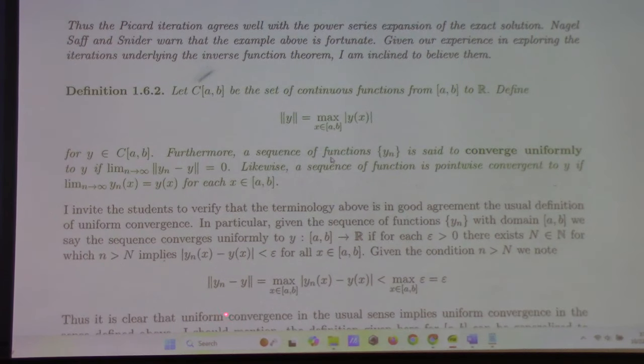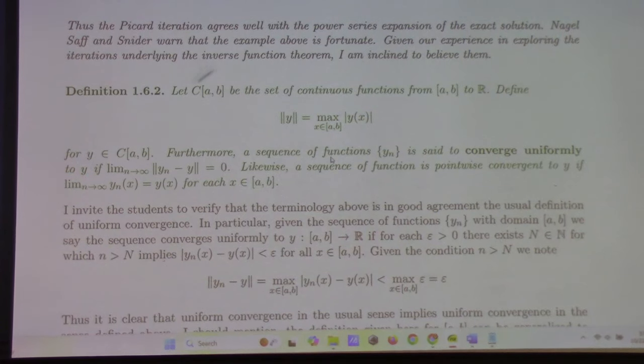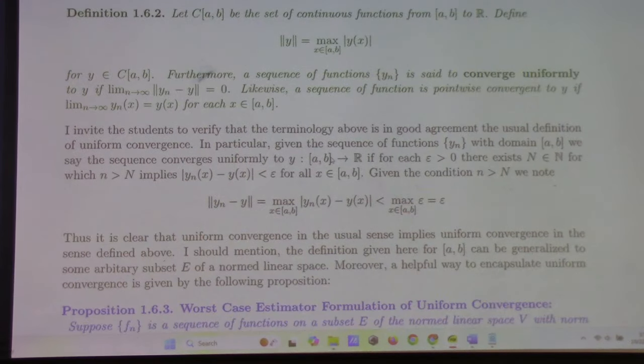So uniform convergence in the usual sense implies, well, let me get to the point here. What I'm trying to say is this definition of uniform convergence I just gave in the green is not the definition of uniform convergence that we gave previously in here, right? But my point to you is that if you have this, then you get the usual uniform convergence, namely the other way around.